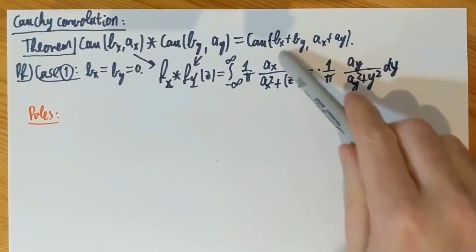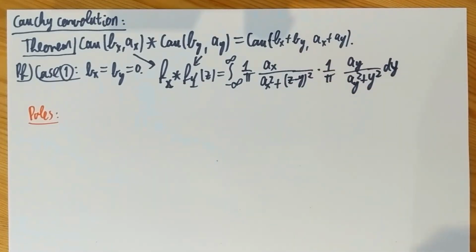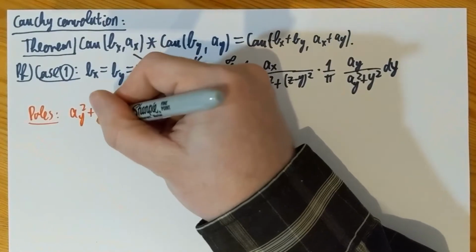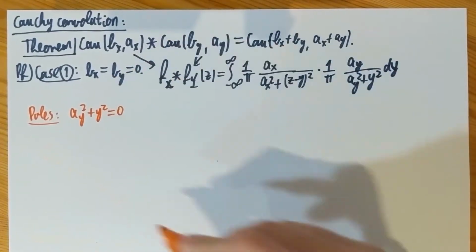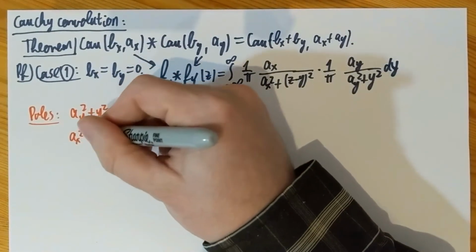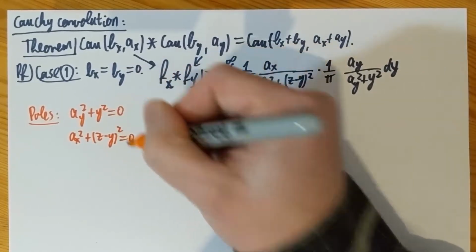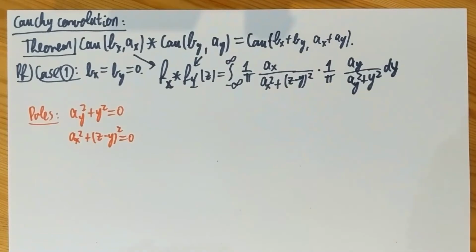Outside those poles it is just a fraction of polynomials, so it's a nice rational function, and there's no problem with that. But at those particular points where ay squared plus y squared equals 0, or ax squared plus z minus y squared equals 0, we're going to have some issues.